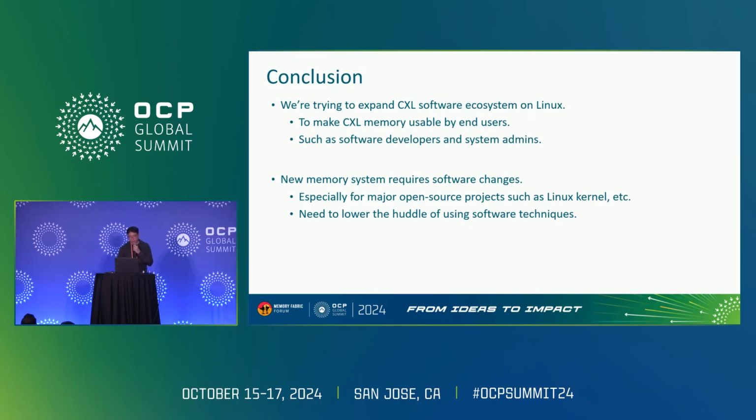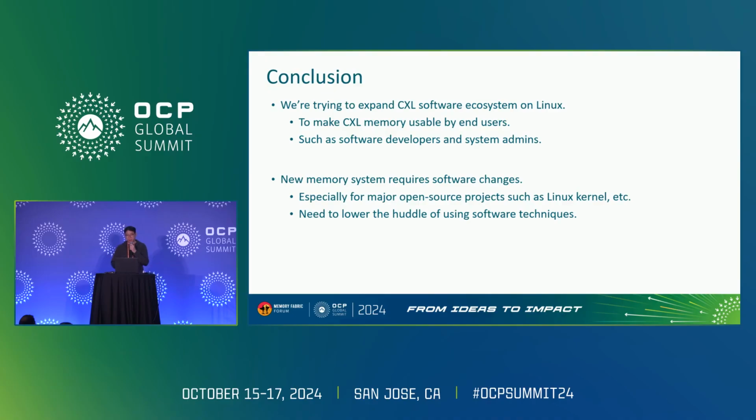For the final conclusion, we are trying to expand the CXL software ecosystem on Linux, to make CXL memory usable by end users such as software developers and system administrators. A new memory system requires some software changes, as I explained, and especially if the major open source projects support these new features, CXL memory can be adopted much better, because we need to lower the hurdle of using these software techniques.